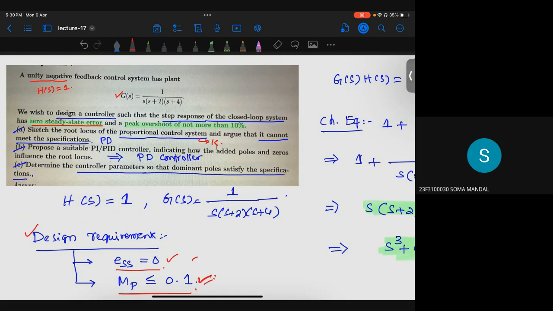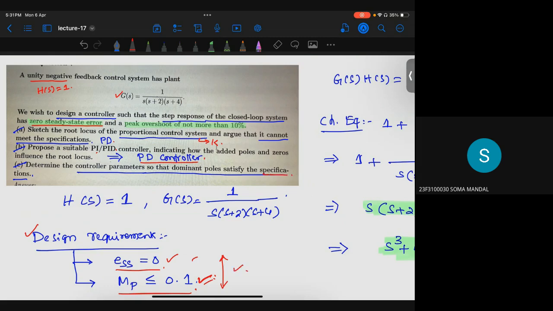Then propose a suitable PI, PD, or PID controller, any one controller, indicating how adding these poles and zeros influences the root locus to meet the design requirements. Here in this case, we will try to design a PD controller. Then determine the controller parameters so that the dominant poles satisfy the design specifications.